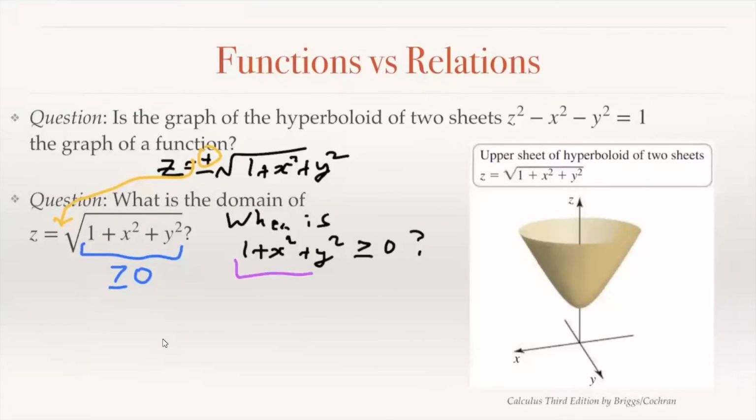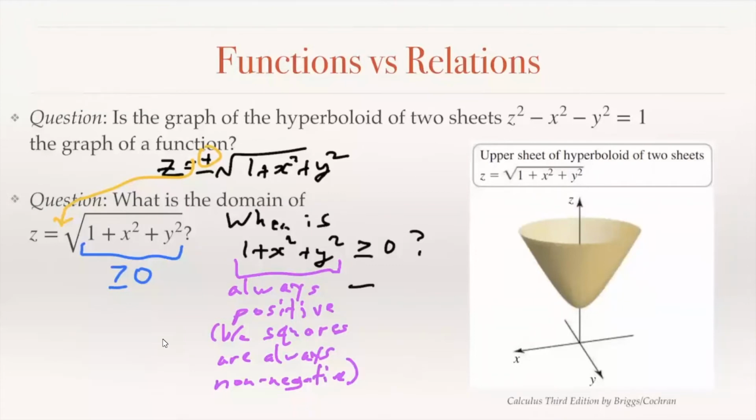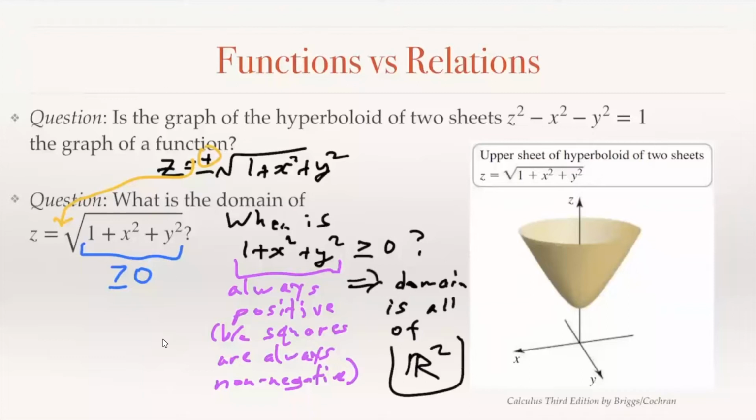Well, this is always positive, because 1 is positive and squares are always non-negative, technically. And that means that the domain is all of R2, the entire Cartesian plane. Every input everywhere on the xy plane has an output.